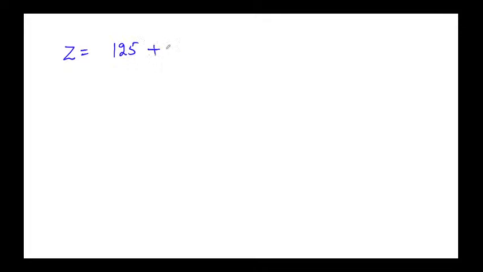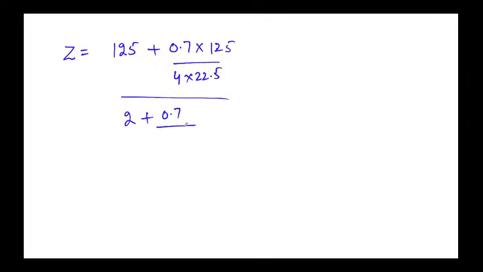So 125 plus 0.7 into 1, over 4 into 22.5 over 2, plus 0.7 over 2 into 22.5 into 125^(2/3). Okay.